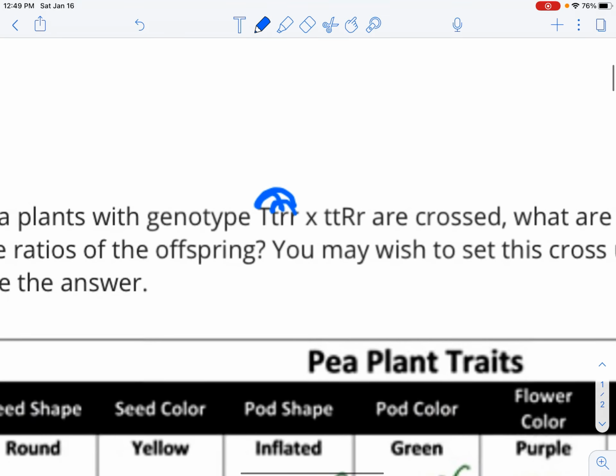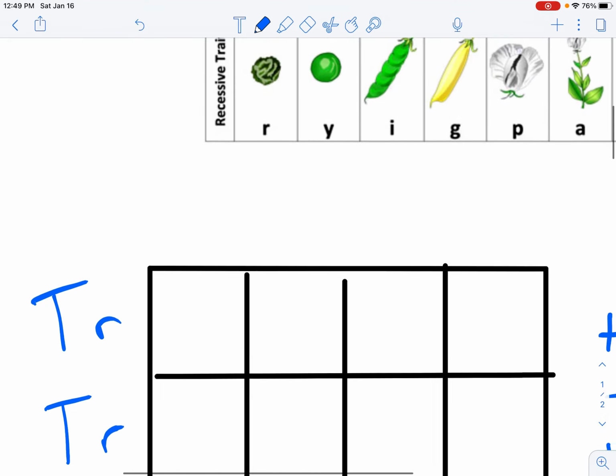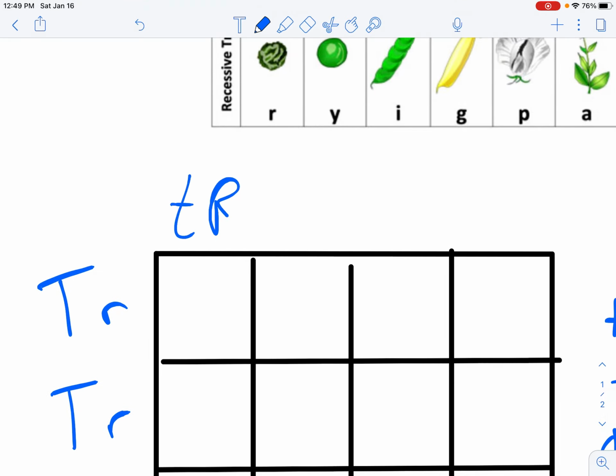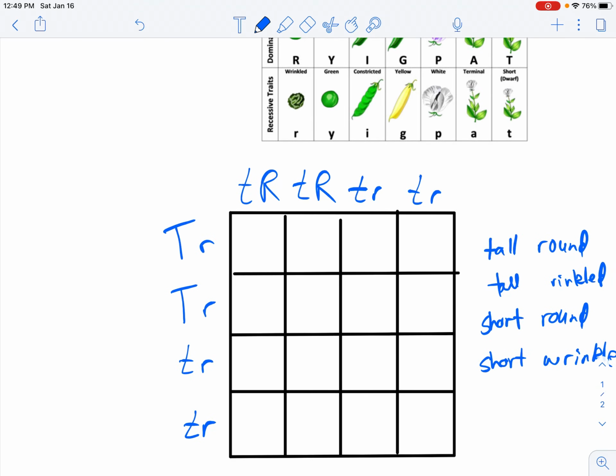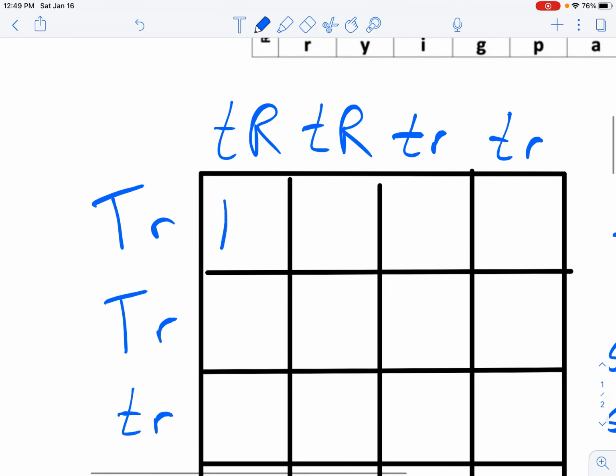So those are my possible gametes for that plant. And this one might be little t, big R, little t, little r, little t, big R, little t, little r. So we're going to get 2 of those and 2 of those. Okay, so go ahead and fill these out.